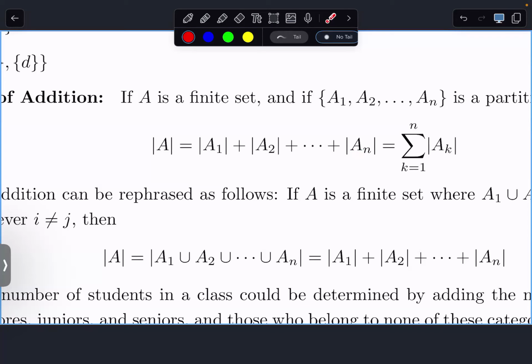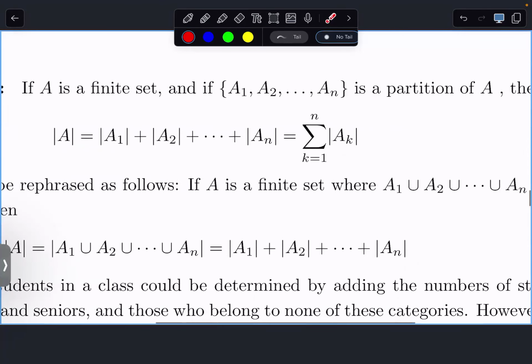That's pretty straightforward, I think. If each element can only be in one of these partitions, and I look at the cardinality of each partition, then of course they should add up to the total cardinality.